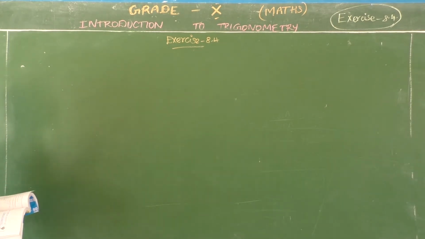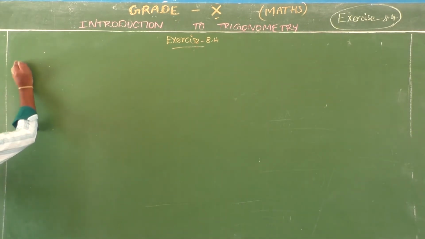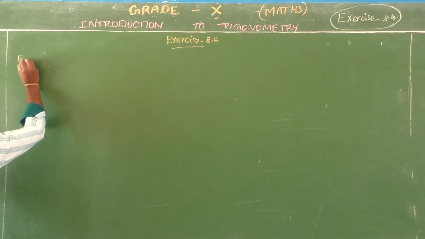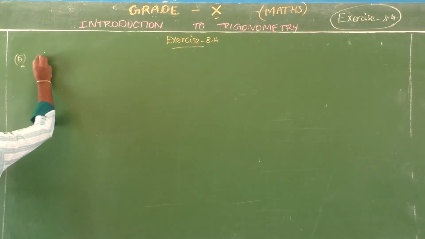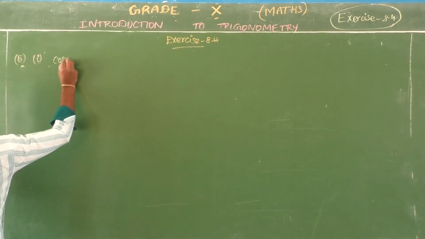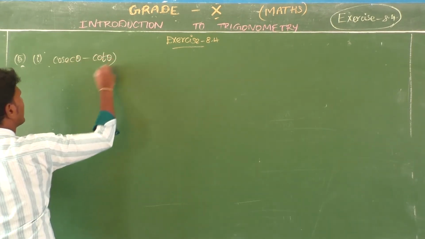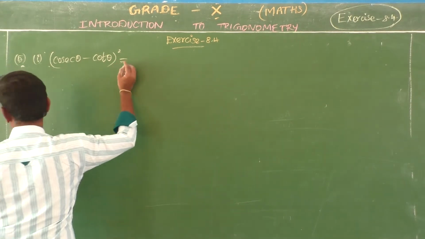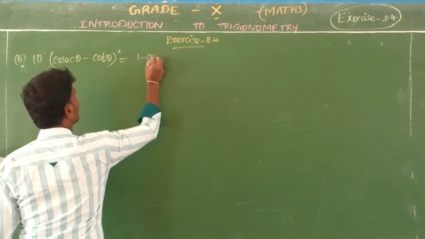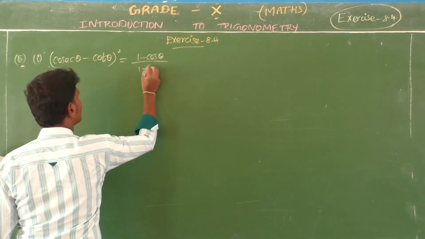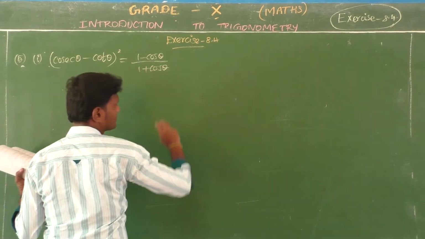Okay, and the next question is, in exercise 5th Roman, you have totally 10 questions. So in this class, we are going to complete the first 5 sums. And in the next class, we will complete the next 5 sums. Now, in exercise 8.4 5th Roman, the first question is: cosecant theta minus cot theta the whole square equals 1 minus cos theta by 1 plus cos theta.